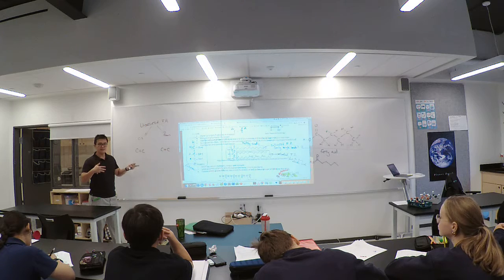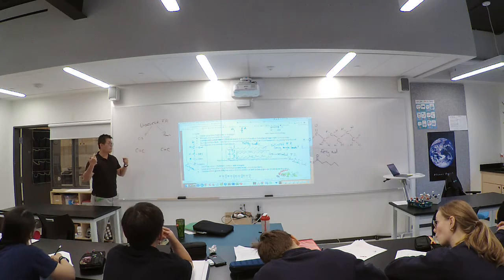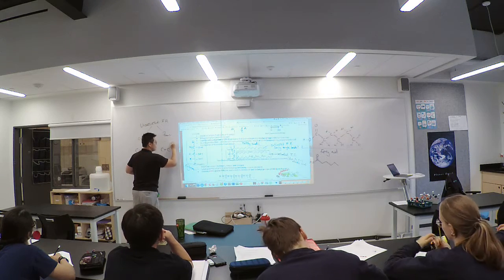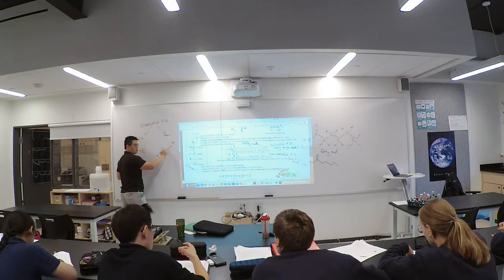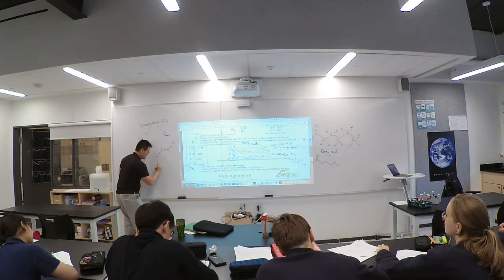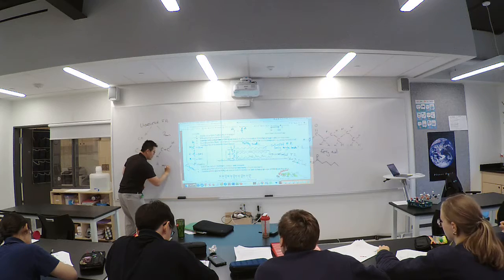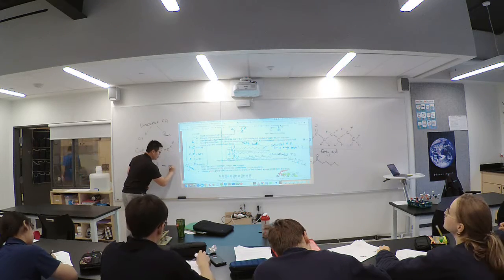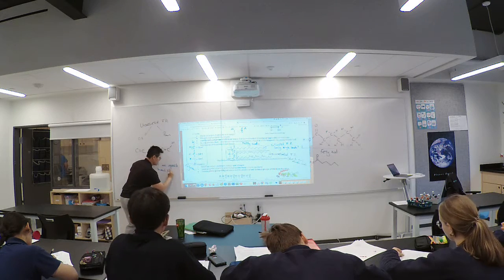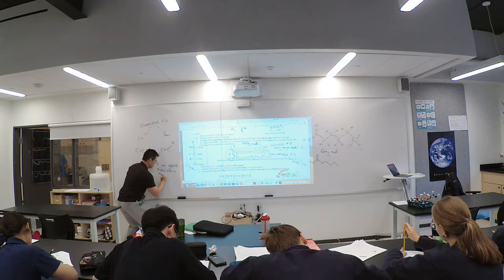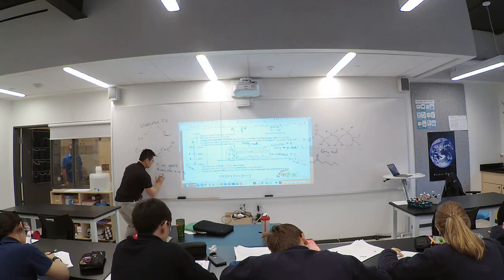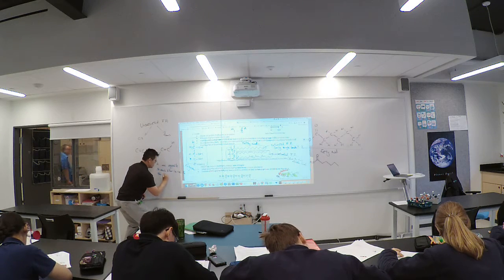So, cis and trans. Now, trans would mean that your hydrogens are opposite to each other in relation to the C double bond.